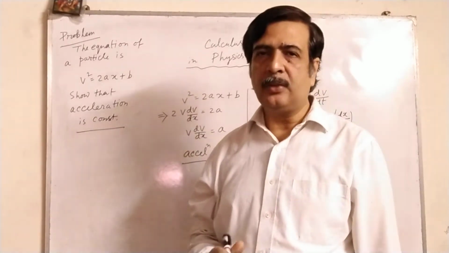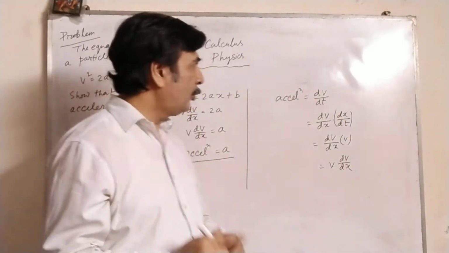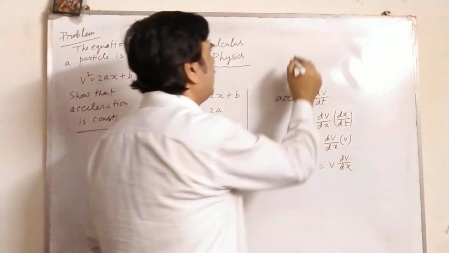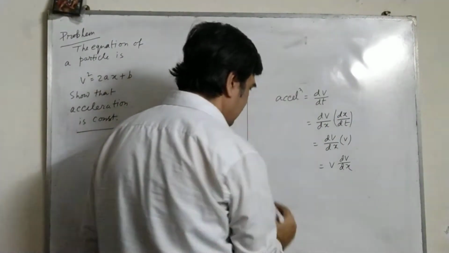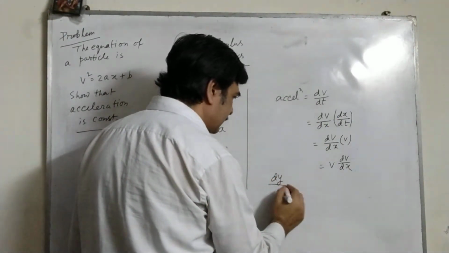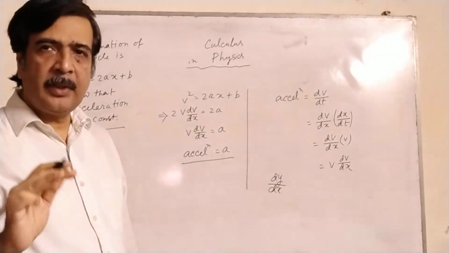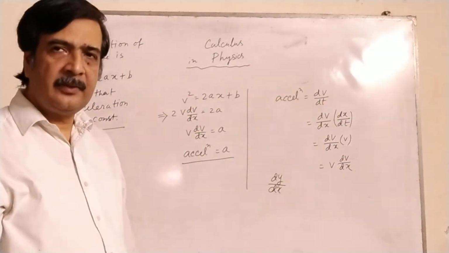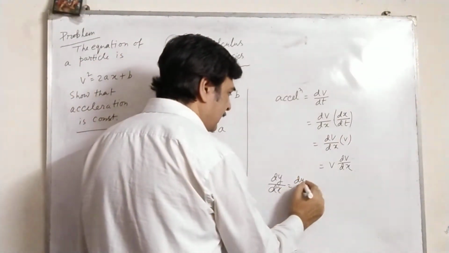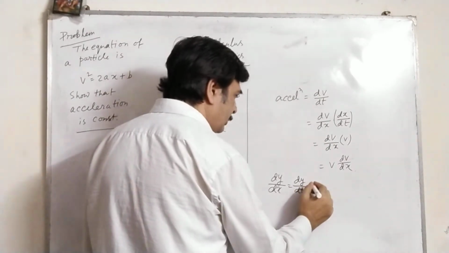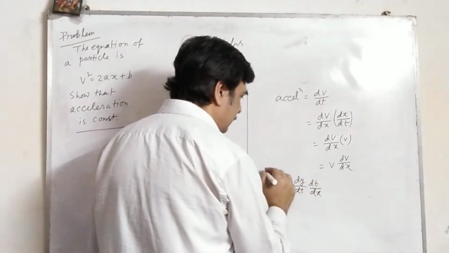So in this case what we do, the formula is like this. Suppose I am writing dy/dx. Now dy/dx in terms of another variable can be represented as dy/dt into dt/dx.